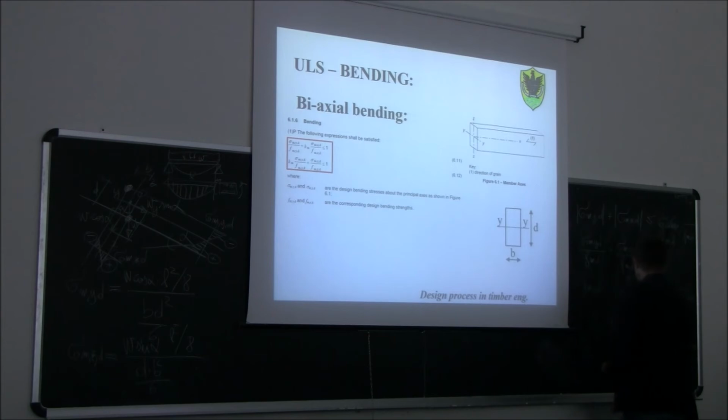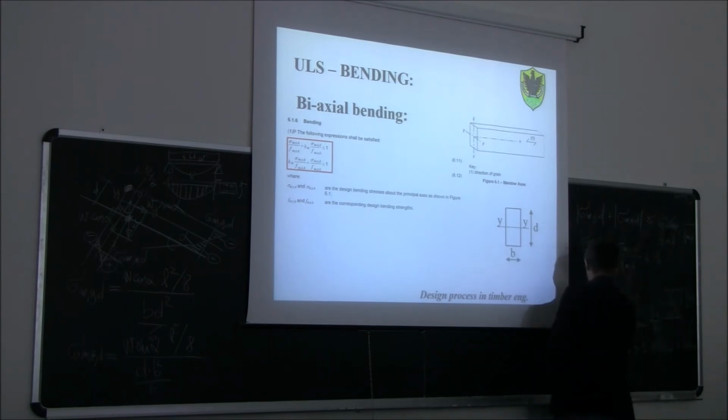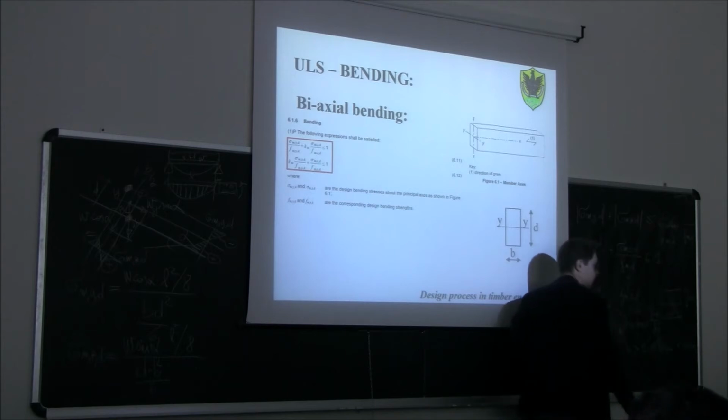So f m y d would be k h times k sys times k mod times f m k divided by gamma m. In this case, k h is 1.